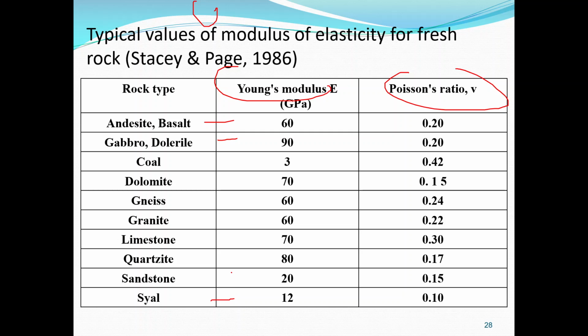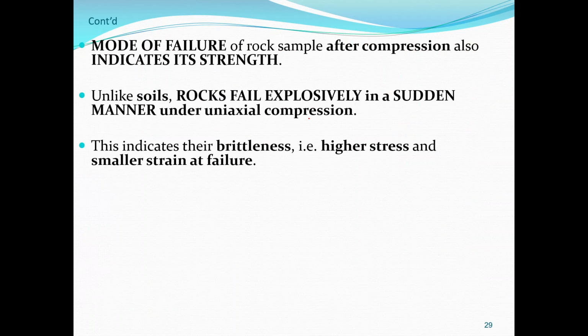Shale is sedimentary rock. Limestone is a type of sedimentary rock. Sandstone is sedimentary rock. Quartzite is metamorphic. Granite is igneous rock. Gneiss is metamorphic. Dolomite is sedimentary rock. Coal is sedimentary rock. That's why you have to know the rock type, then you are able to estimate the value of Young modulus and also Poisson ratio.